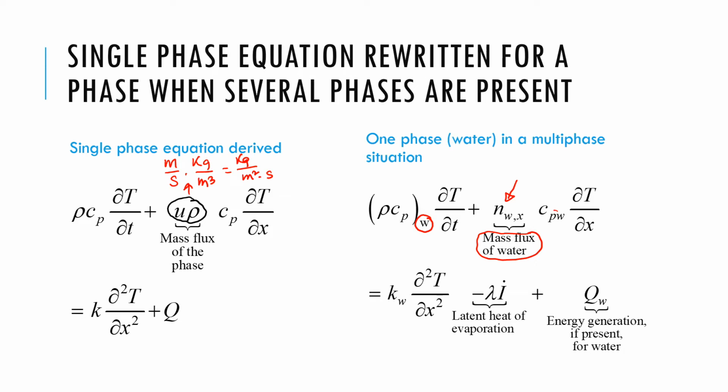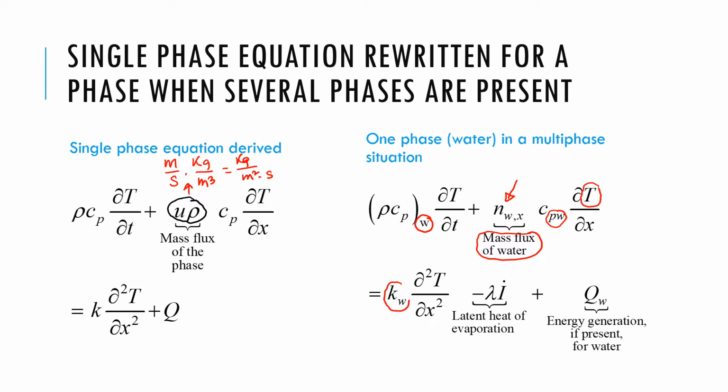Then the Cp is also for water. Notice it's the same temperature. We're going to talk again later, but in the multiphase situation in a porous media, at any location, all phases share the same temperature. So temperature in solid, liquid, gas, they're all the same at one location.